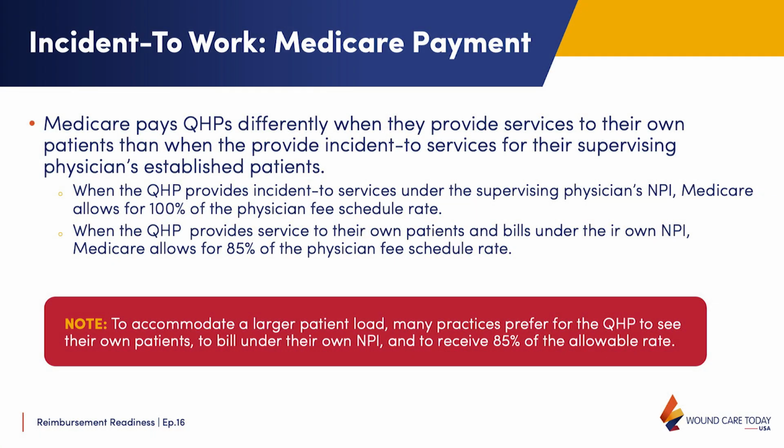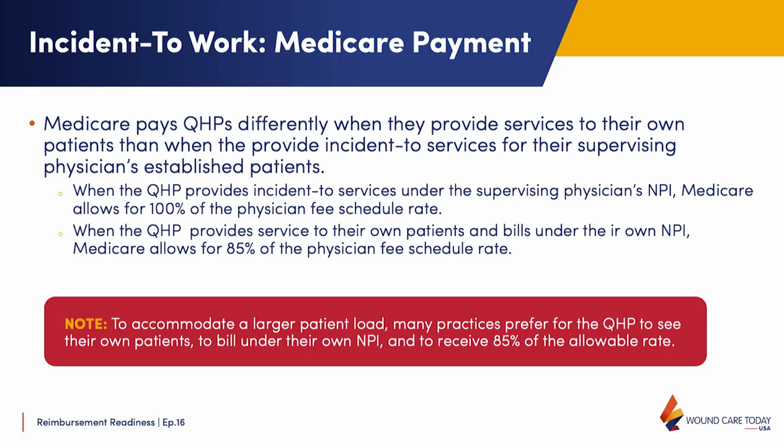Incident to work for the Medicare payment. Medicare pays QHPs differently when they provide services to their own patients than when they provide Incident to services for their supervising physician's established patients. When the QHP provides Incident to services under the supervising physician's NPI, Medicare allows for 100% of the physician fee schedule rate.